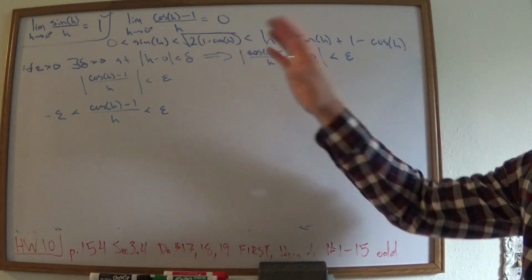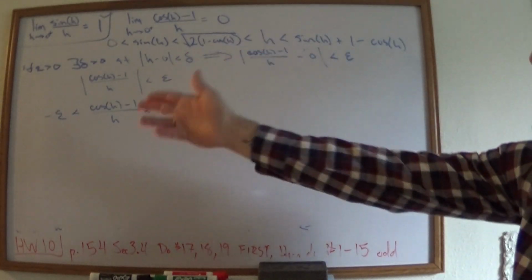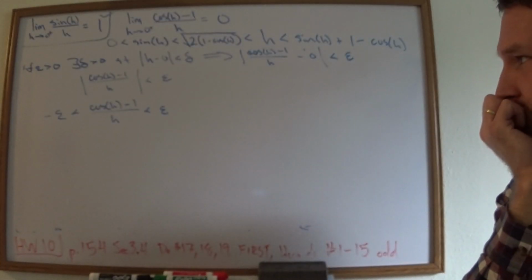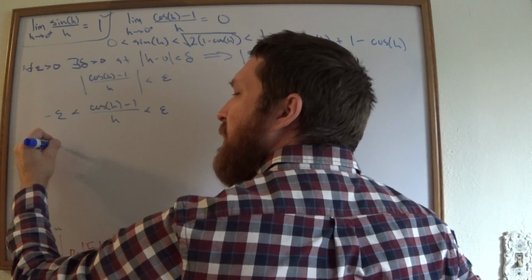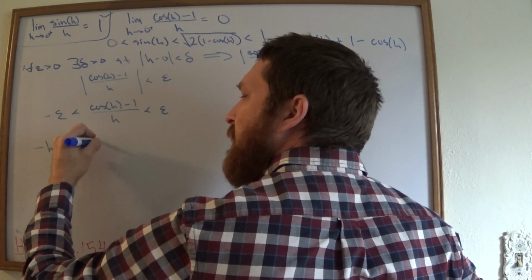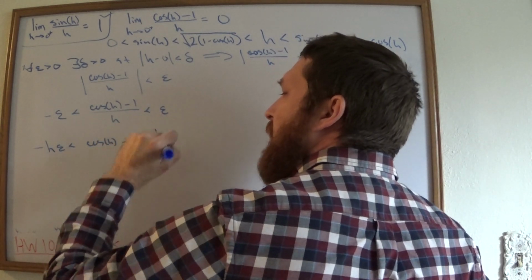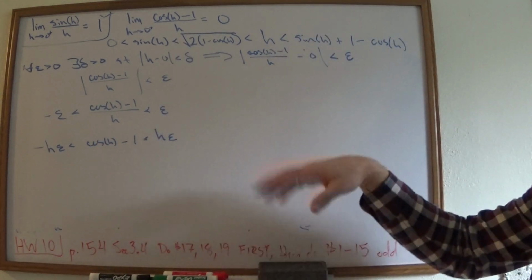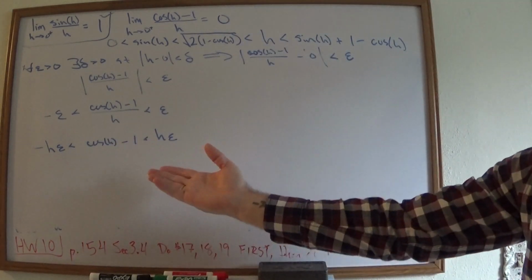We had some interesting stuff going on with that 1 minus cosine last time. Here we have cosine minus 1. Factor in a negative. Let me clean this up a little bit. We have minus h epsilon, because right now I'm just in plug and play mode, messing with equations to see what happens.